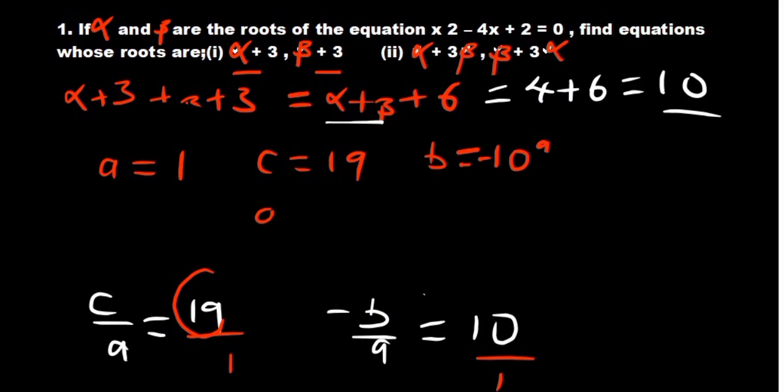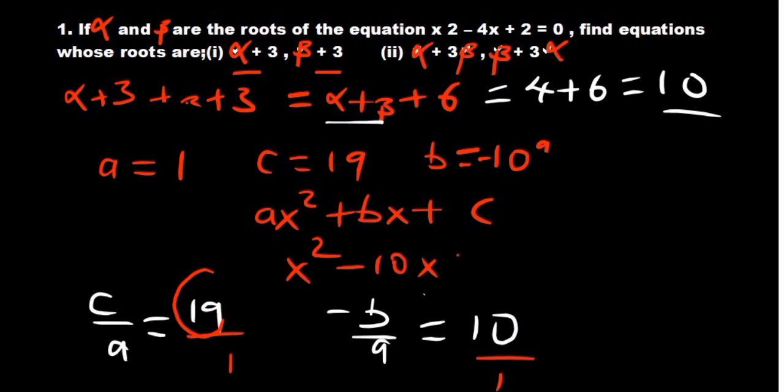Remember our quadratic function is supposed to be in the form of ax squared plus bx plus c. If you plug in there, we have x squared minus 10x plus 19. That is the new equation for the first part, given that alpha plus 3 and beta plus 3 are the roots of the new equation.